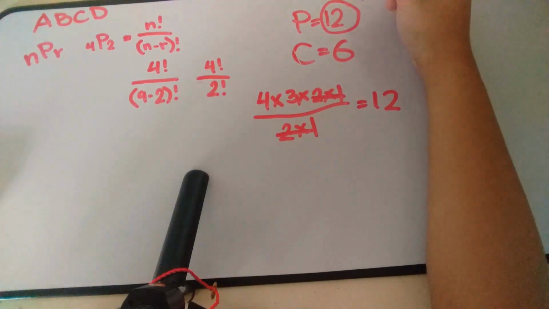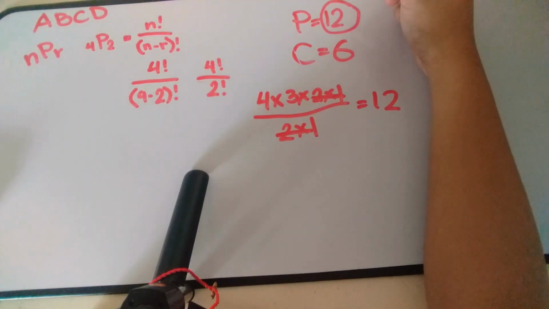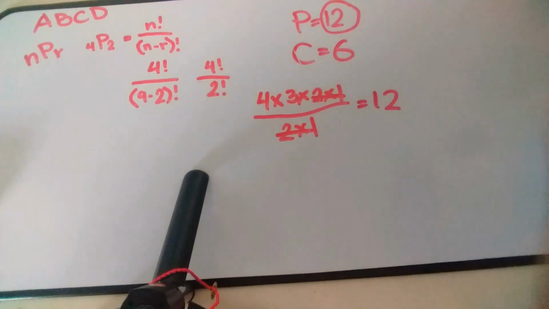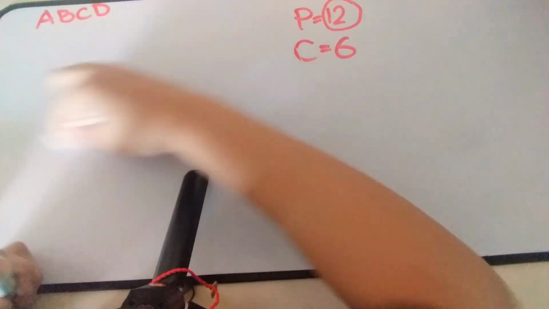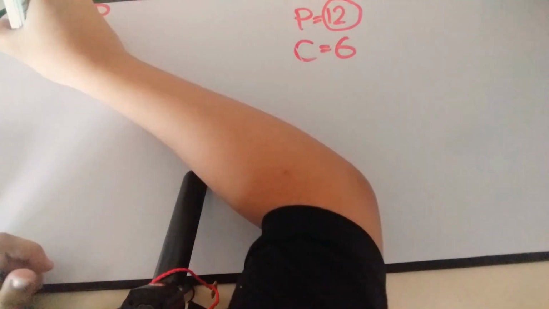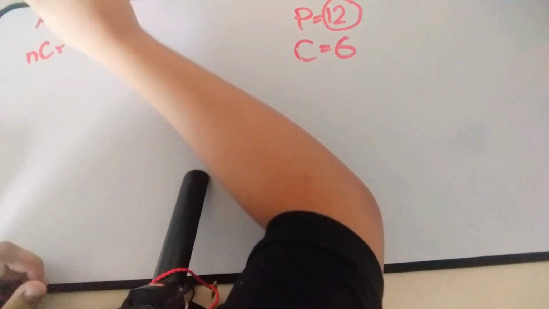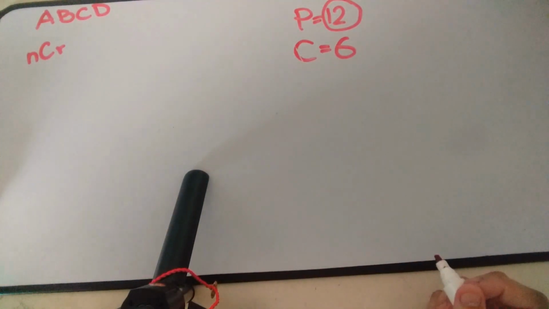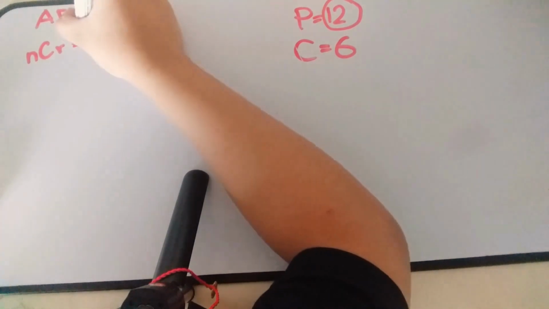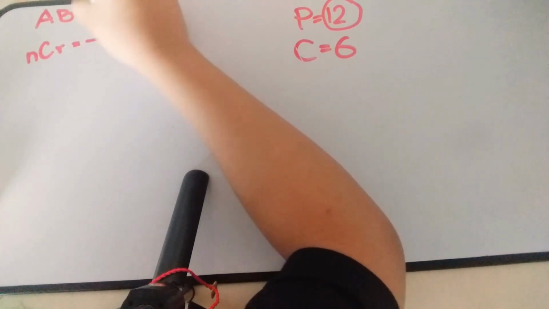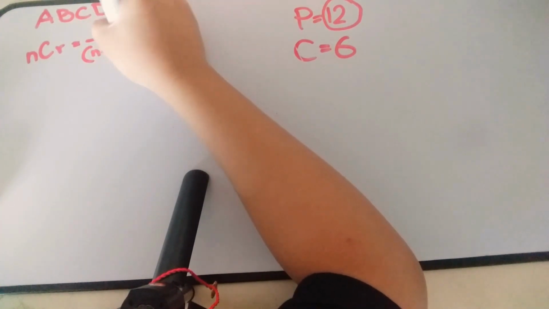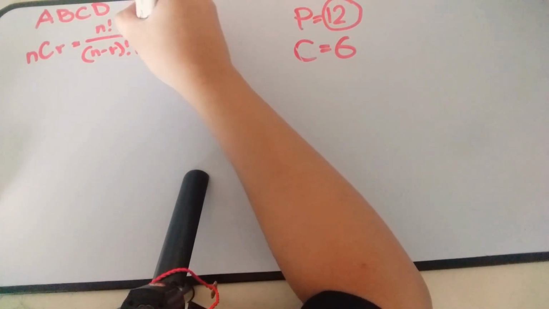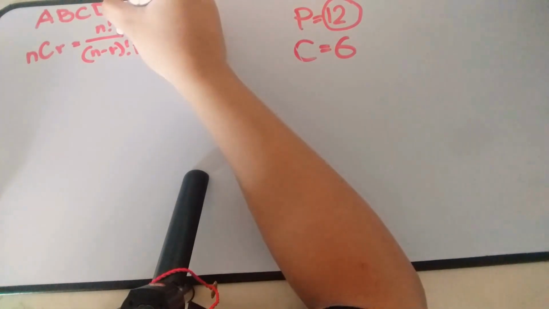Now, how can we calculate a combination? What is the formula that we can use? nCr is equal to n factorial divided by n minus r factorial times r factorial.